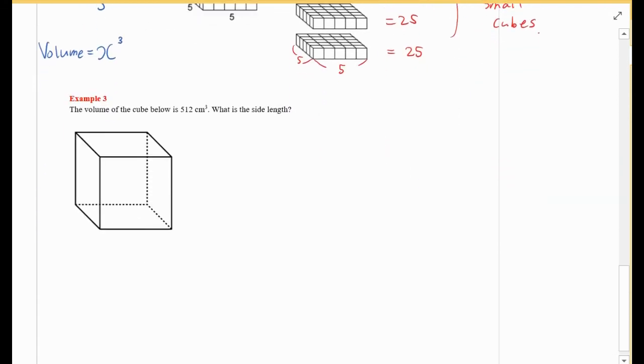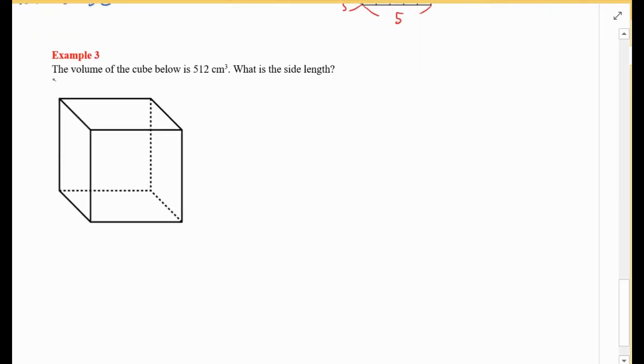Okay? Let's move on. The volume of the cube below is 512 cubic centimeters. The volume is 512. What is the side length? So remember, everyone, the volume is related to cubing. So let this be x. x times x times x, the cube of x, should be 512.